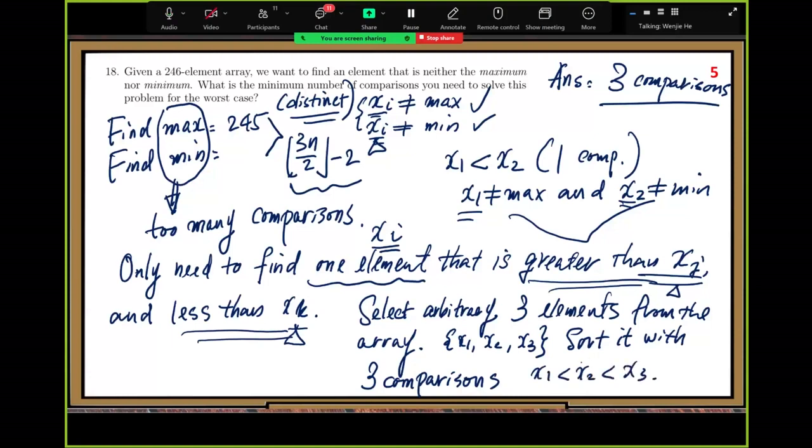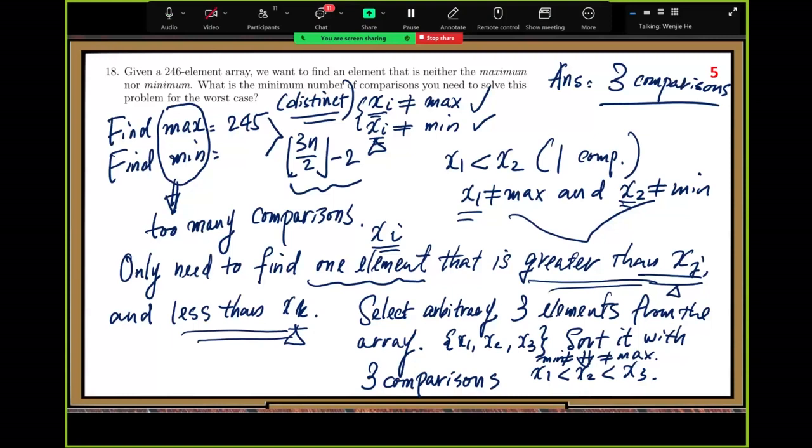Then the one in the middle, x2, satisfies the requirement, right? x2 is greater than x1 and x2 is less than x3. That means x2 cannot be the minimum, and x2 cannot be the maximum. And that's the solution.